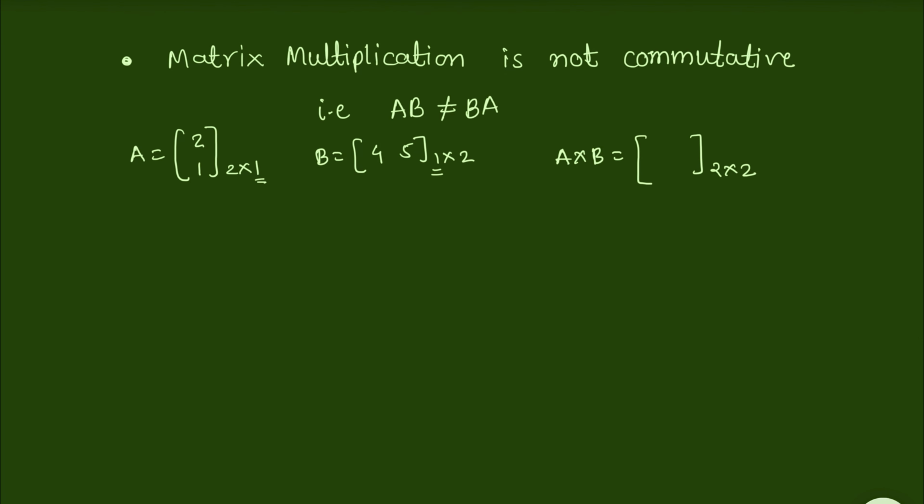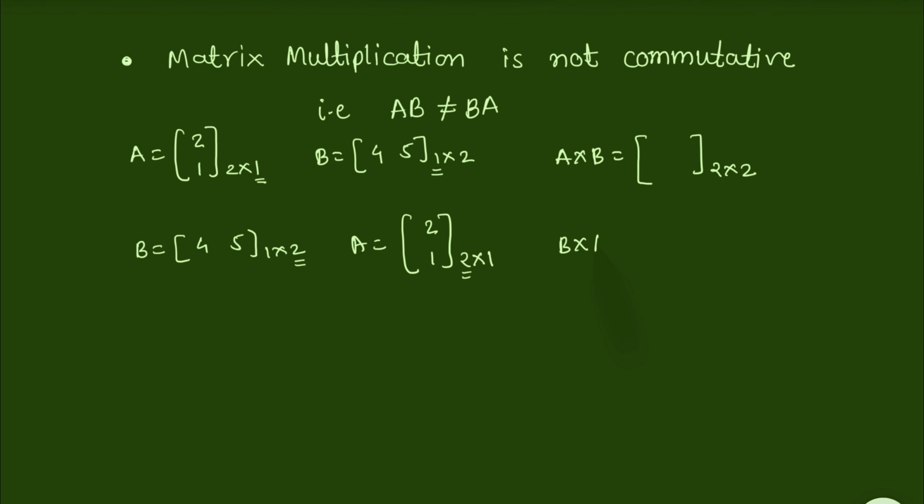Now to find B into A, where B is equal to the matrix 4, 5, which is 1 by 2, and A is equal to the matrix 2, 1, which is 2 by 1 matrix. Now the number of columns in the first matrix is equal to the number of rows in the second matrix.